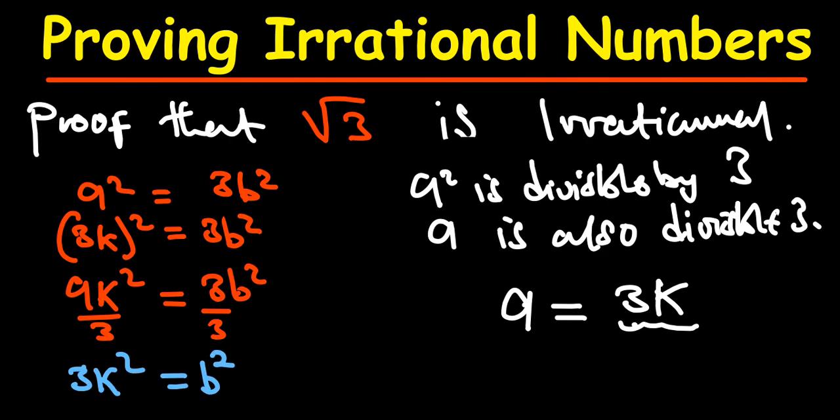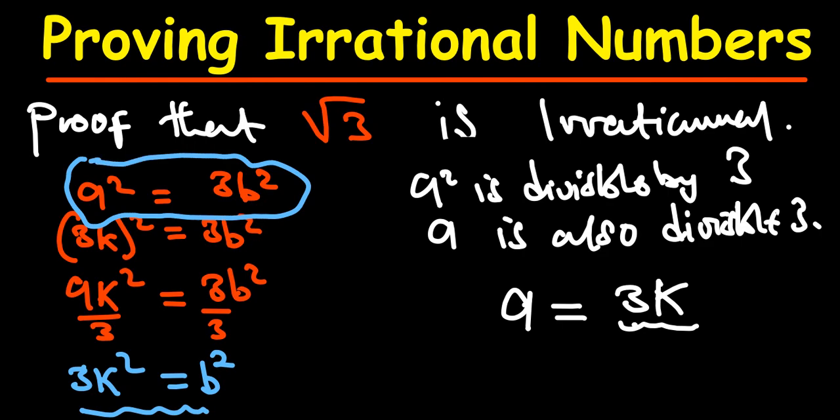So we see that this is similar to when we had a squared is equal to 3b squared. In this case, we are getting this b squared after multiplying k squared by 3.